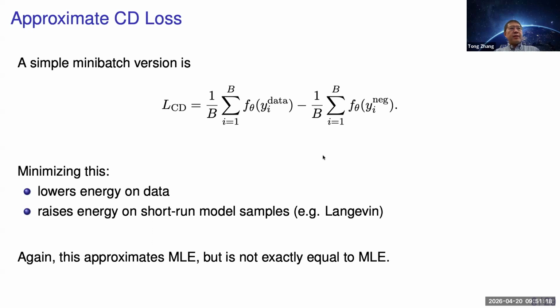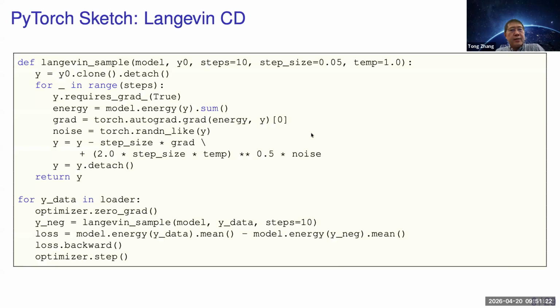So this is basically the algorithm, right? If you look at the actual implementation, it's pretty simple. This one is a Langevin, right? You start with the proposal, you do this negative sampling, just a Langevin sampling, using, let's say, 10 steps. Langevin goes along the gradient of your current model, current energy, and then you add noise, and you just repeat that for 10 steps.